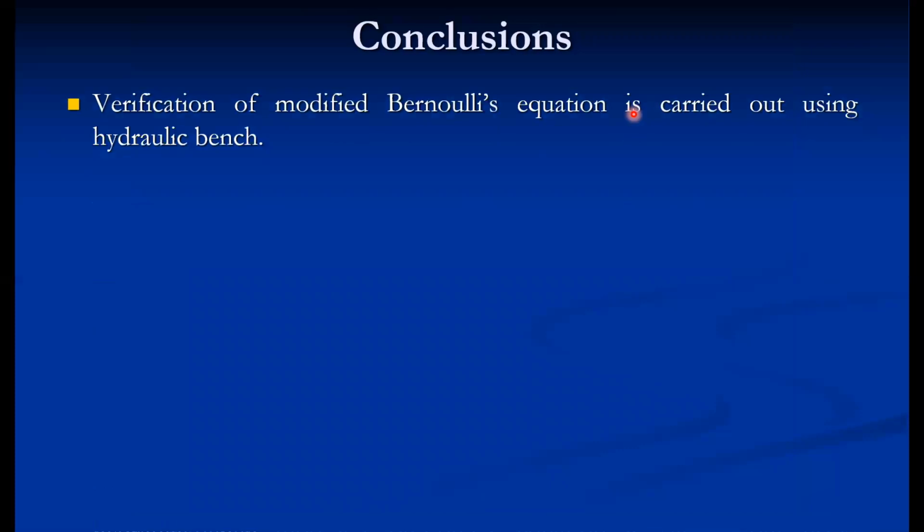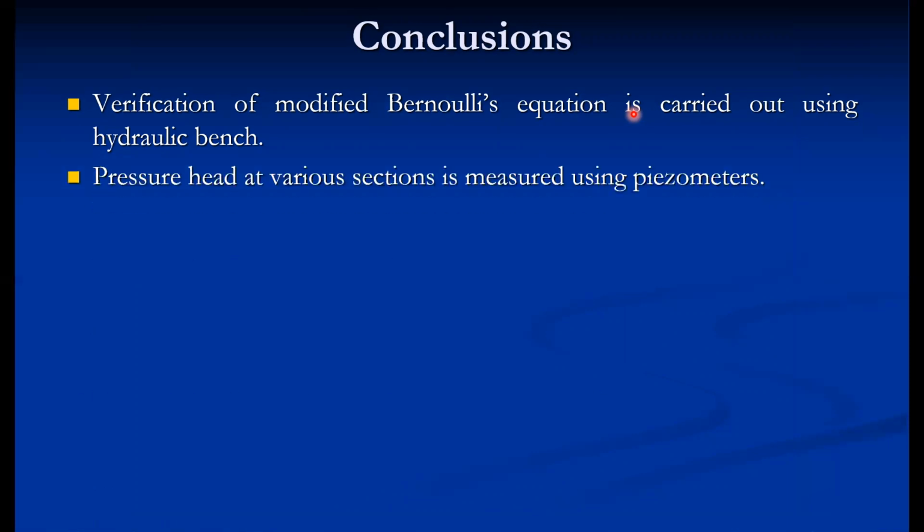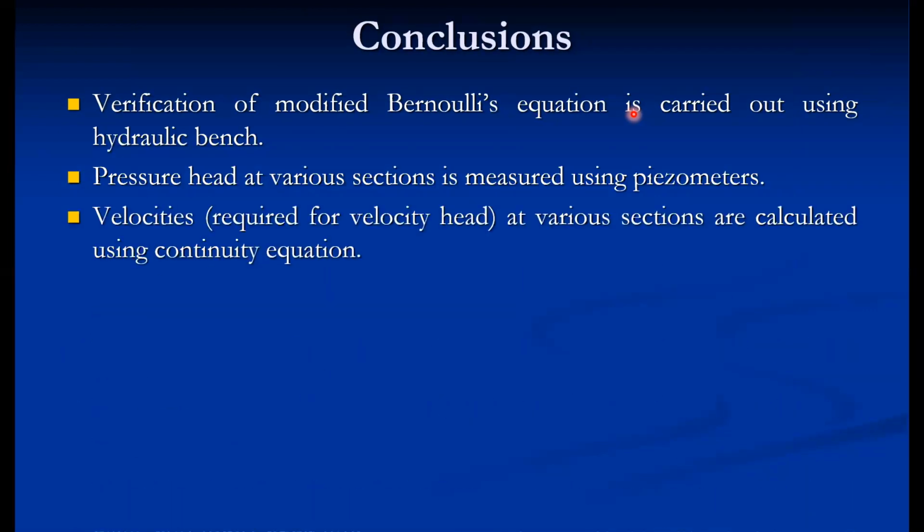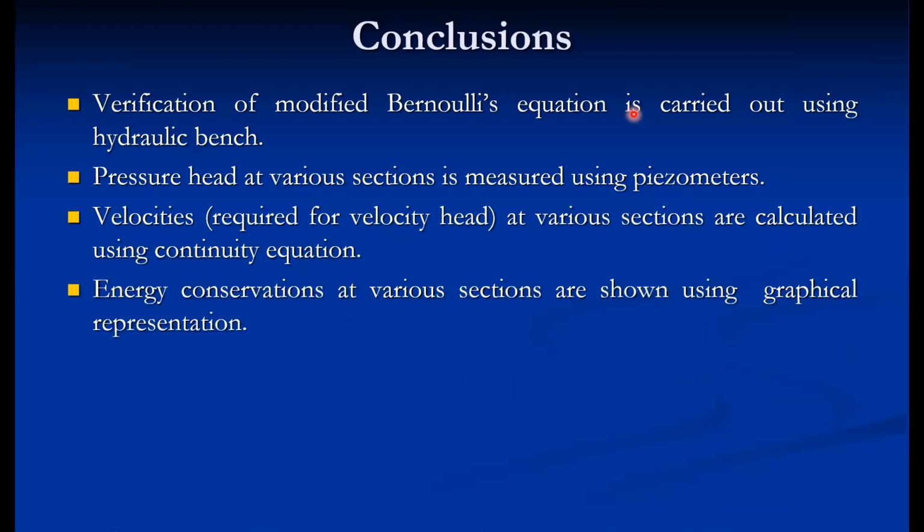So the final conclusion of this experiment is that the verification of the modified Bernoulli's equation is carried out using this hydraulic bench. The pressure head at various sections is measured using piezometers. The velocities required for the velocity head at various sections are calculated using the continuity equation.